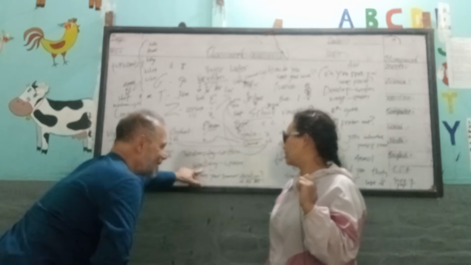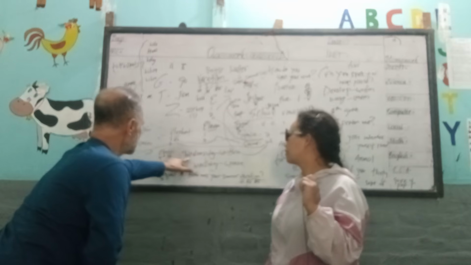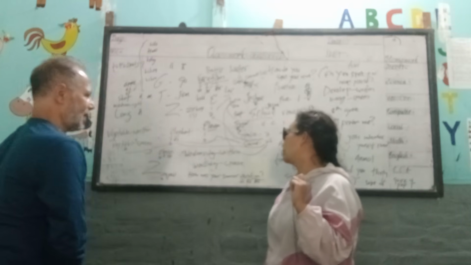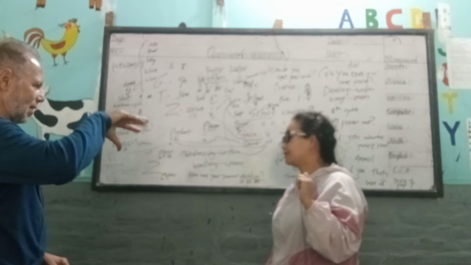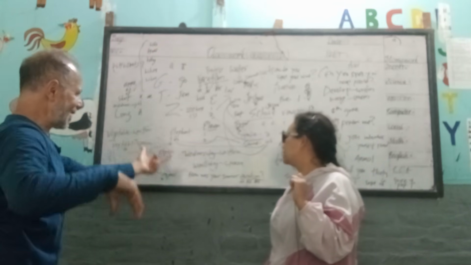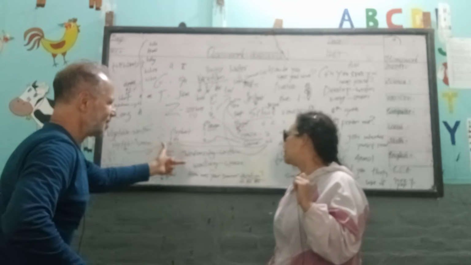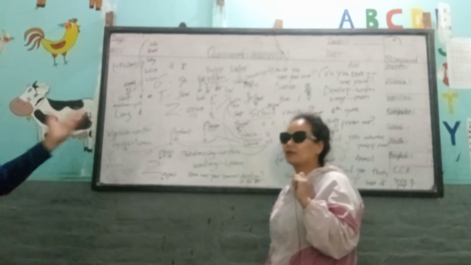Pronunciation is Wednesday. Spelling is W-E-D-N-E-S-D-A-Y. Writing is W-E-D-N-E-S-D-A-Y. Pronouncing is Wenzday. Wednesday.